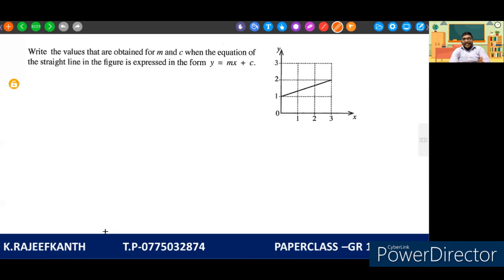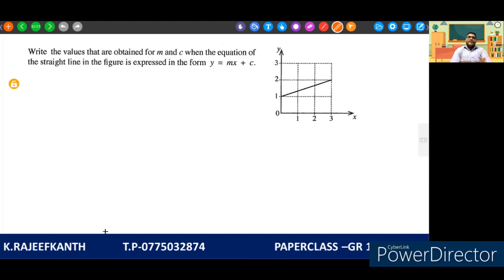So now you can select 2 points which are on that line, write their coordinates, and by using the x and y coordinates, you can find the value of m. Then directly you can find the value of c, because what is the meaning of intercept? You have learned in grade 9, right?